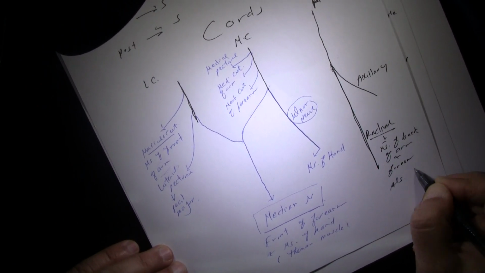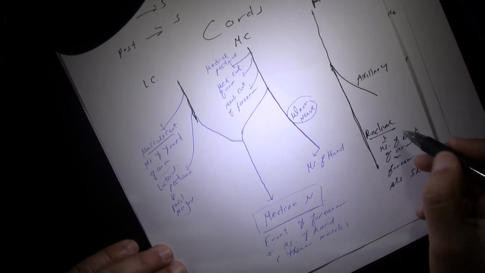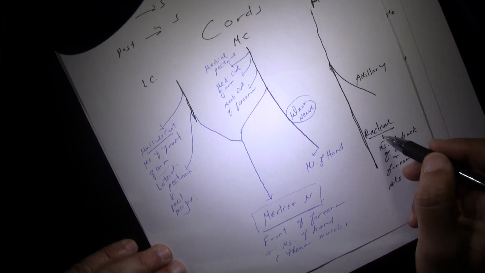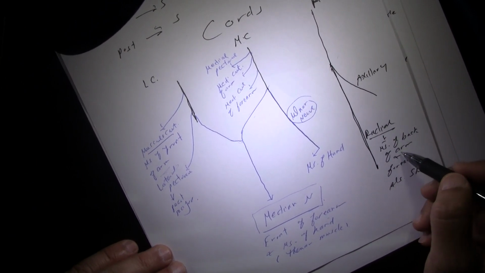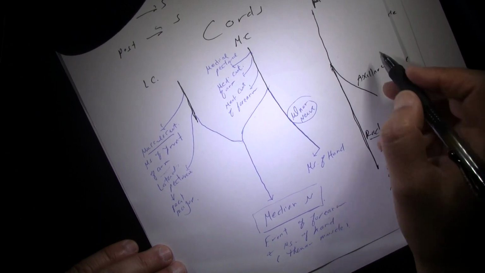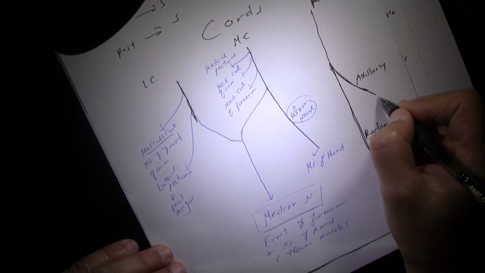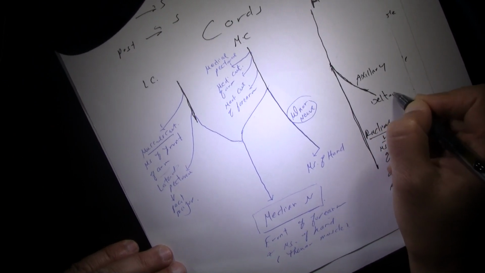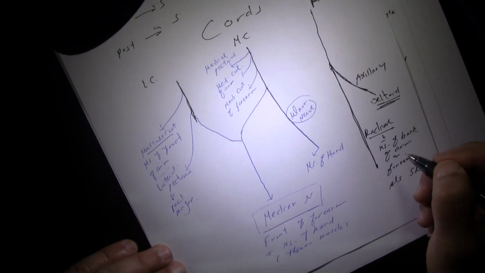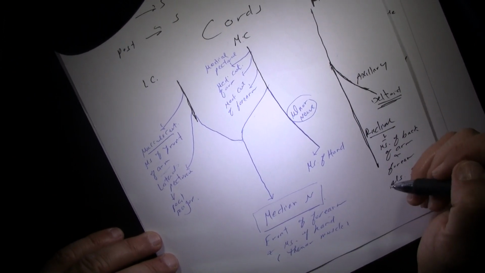Also skin. Okay, so radial nerve is a huge nerve supplying all muscles in the back of arm and the forearm, and the skin also over the back of the arm and the forearm. Axillary nerve is going to supply a big muscle called the deltoid muscle. It's a very big muscle, a huge muscle on the shoulder called the deltoid muscle.